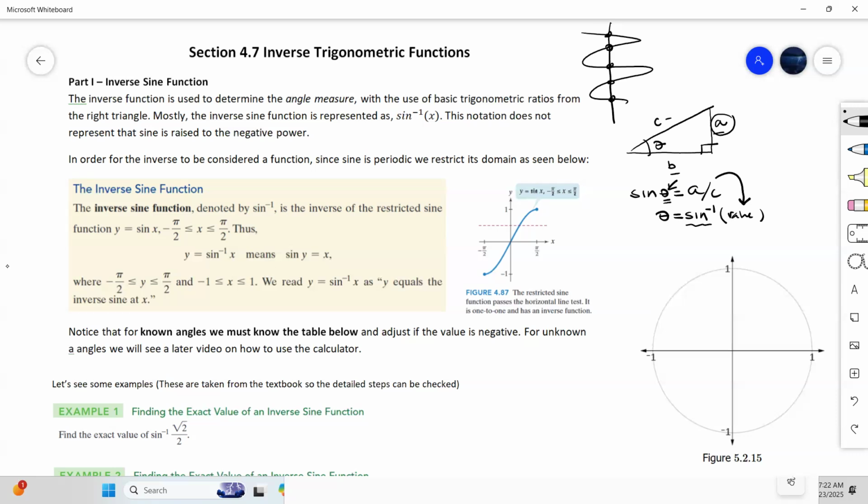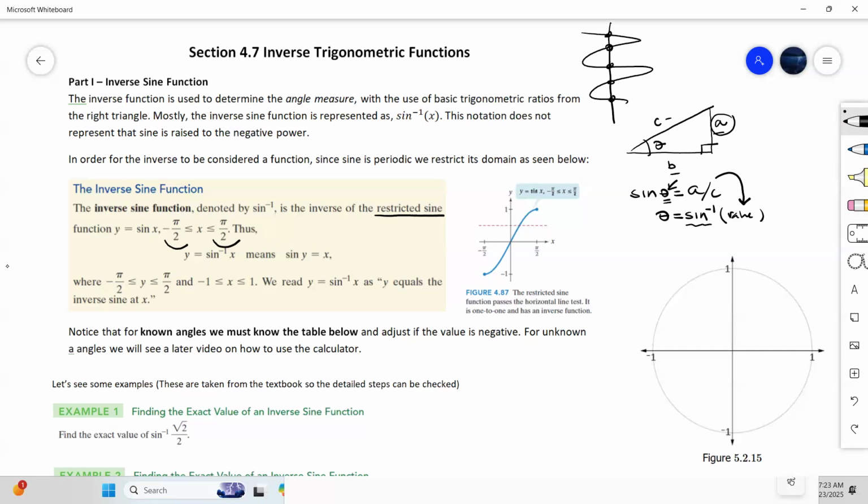So to do that, we have to always restrict the domain. So for the inverse sine function, the domain has to go from negative pi over 2, which is negative 90 degrees, to pi over 2, which is 90 degrees.